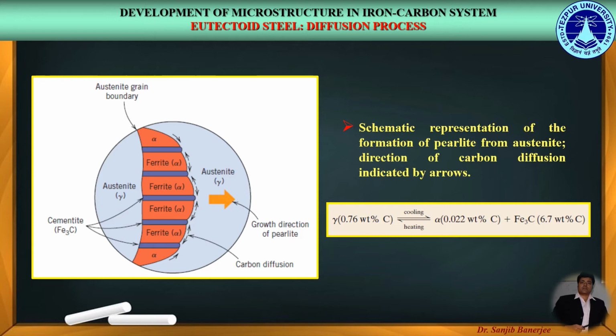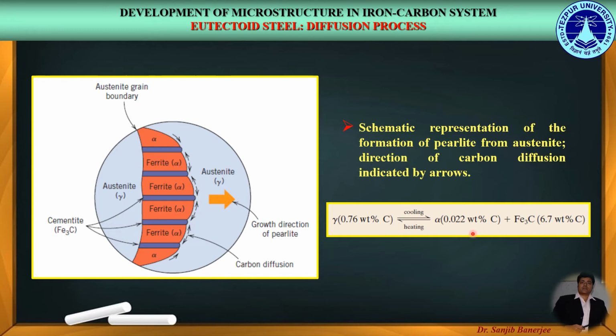We have already discussed that the alternating ferrite and cementite layers in the pearlite form because the composition of the parent phase, in this case austenite, having a composition of 0.76 weight% of carbon, is different than either of the product phases, that is ferrite having a composition of 0.022 weight% of carbon and cementite having 6.7 weight% of carbon.